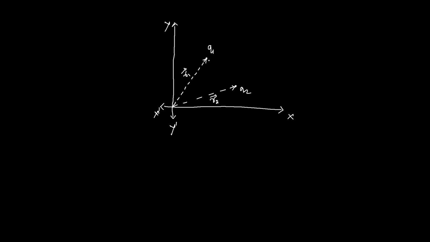Suppose the distance between Q1 and Q2 be R21 vector, and here the meaning of R21 is the vector leading from Q1 to Q2.